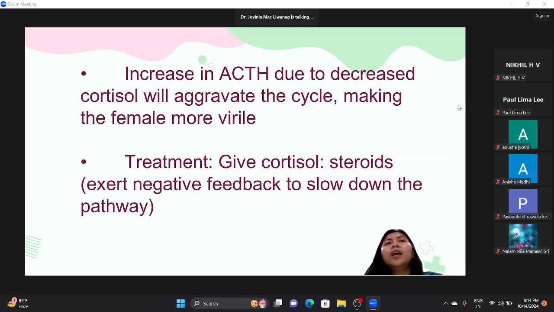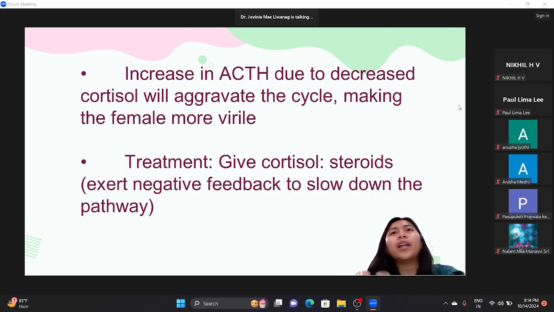If there's an increase in ACTH due to a decrease in cortisol, it will aggravate the cycle, making the female more viril. It's like a negative feedback.